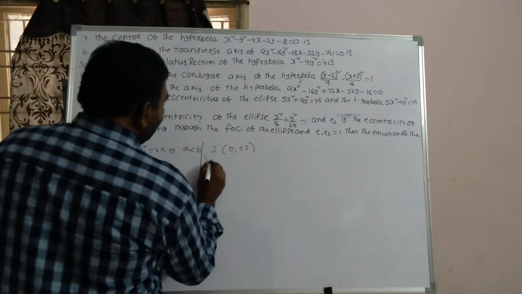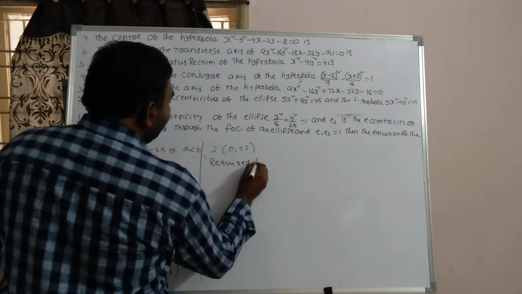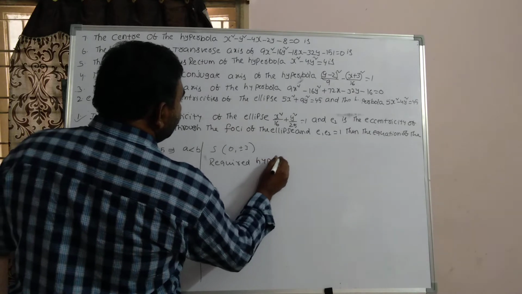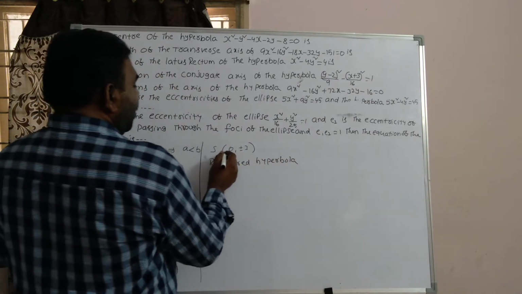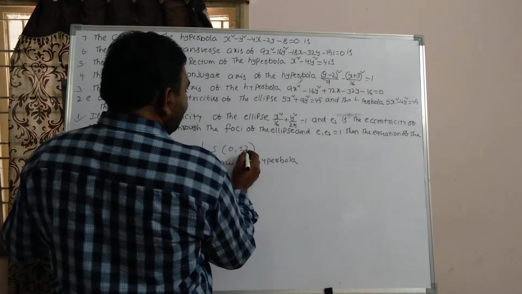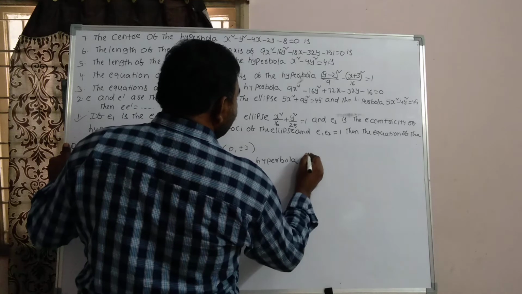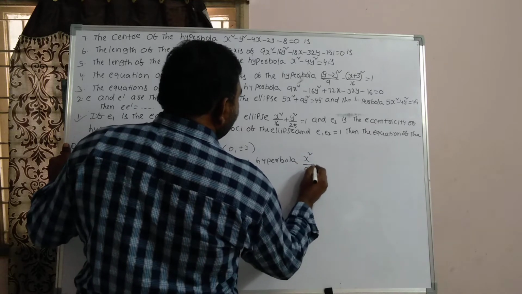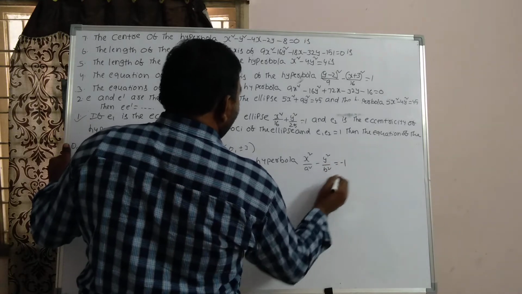So the required hyperbola. Here the hyperbola is passing through 0 comma plus or minus 3, which means the hyperbola is x square by a square minus y square by b square is equal to minus 1.